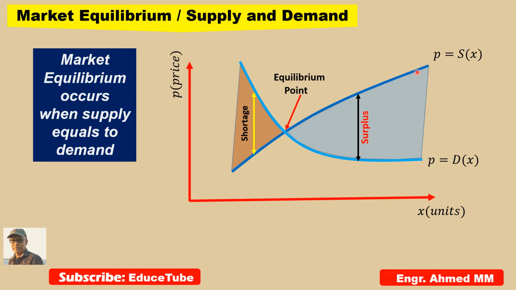But the demand price P equals D(x) decreases. Look, it decreases. So we can conclude that the supply curve, this one, is rising, and this demand curve is falling. That's what it says.